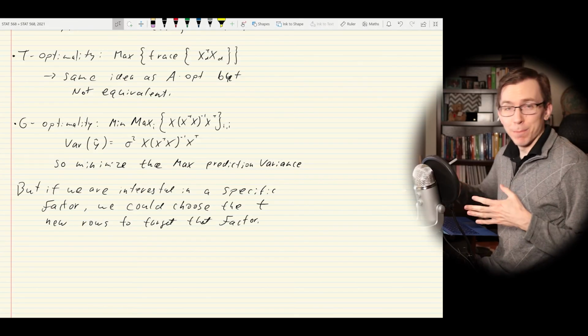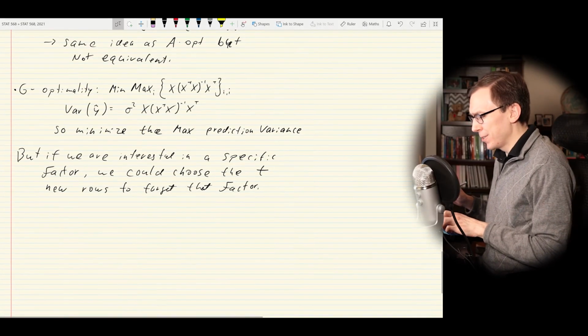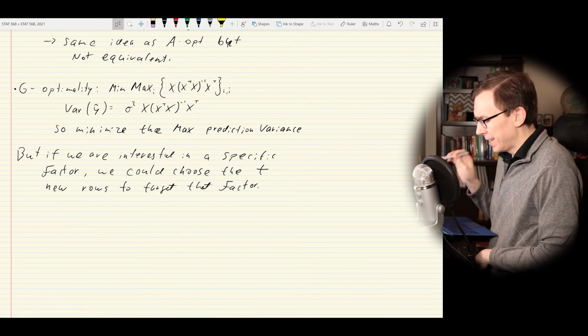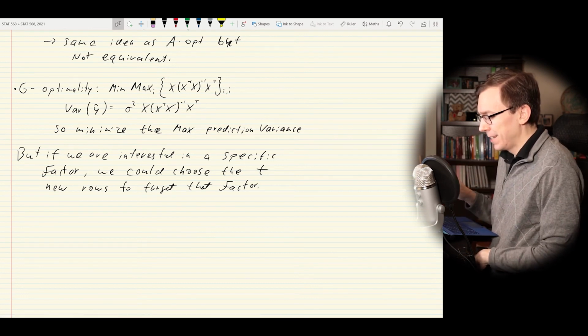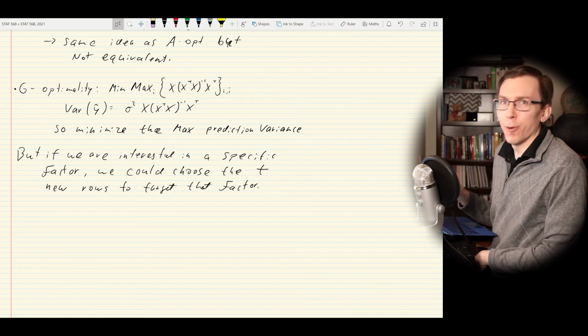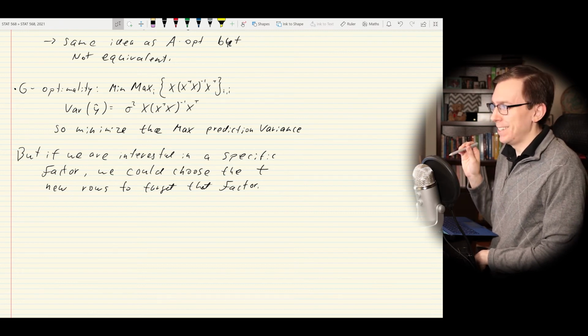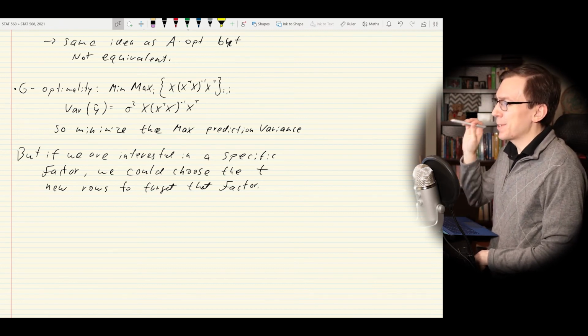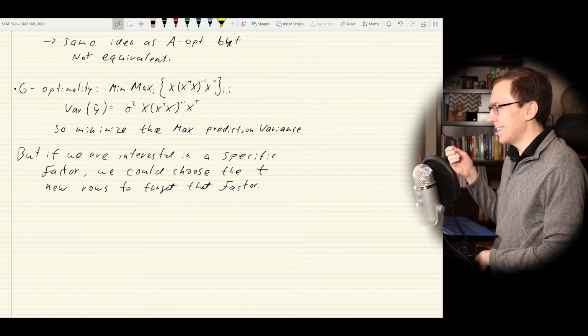All right, so in the final part of today's lecture, what we're going to do is look at choosing specific columns to target for our follow-up testing with respect to a certain optimality criterion.